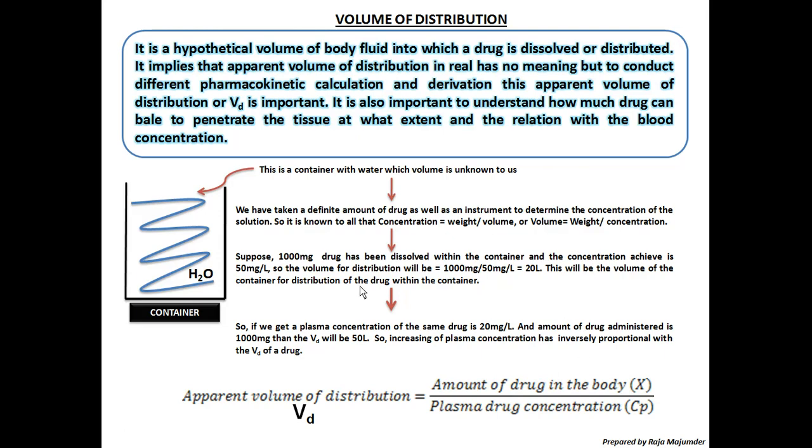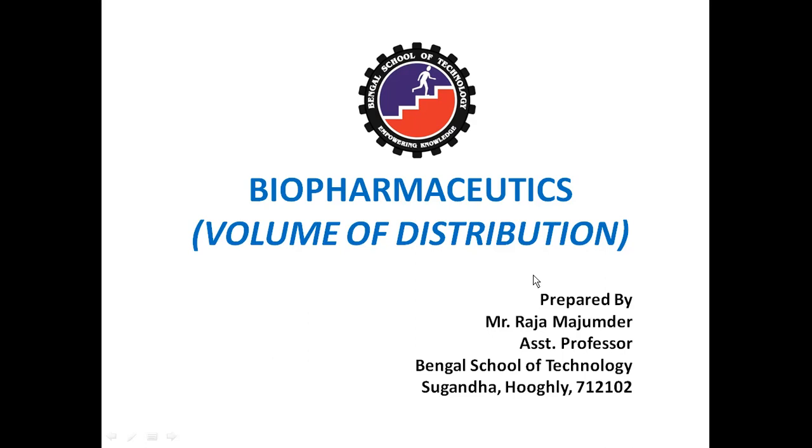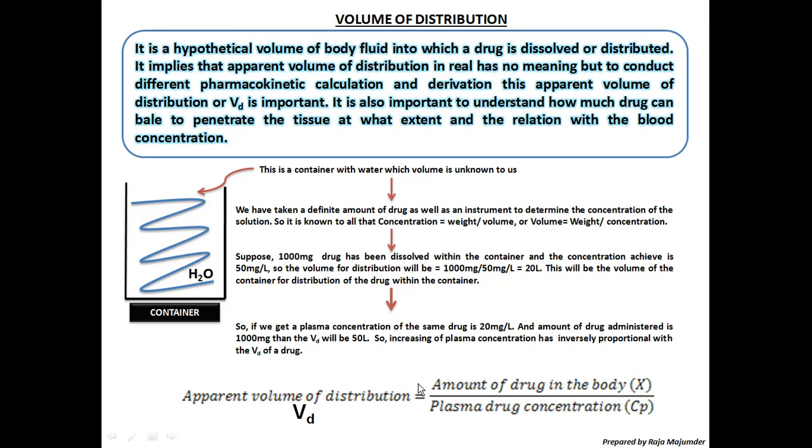The mg has cancelled out, so 20 liter is the volume of distribution. So this will be the volume of the container for distribution of the drug within the container.